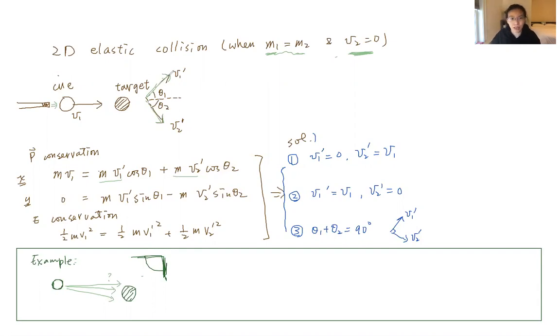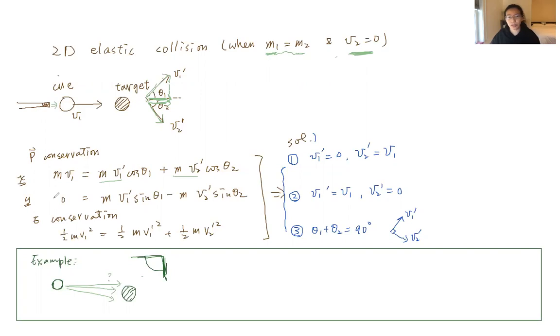For example, the first ball has a momentum m v1 prime, but its x component is only this much, the adjacent side of the angle, so it's cosine theta 1. Similarly, the second ball has a momentum that is not completely in the x direction, so we need to find its x component. Again, it's adjacent to the angle, so it's cosine theta 2.